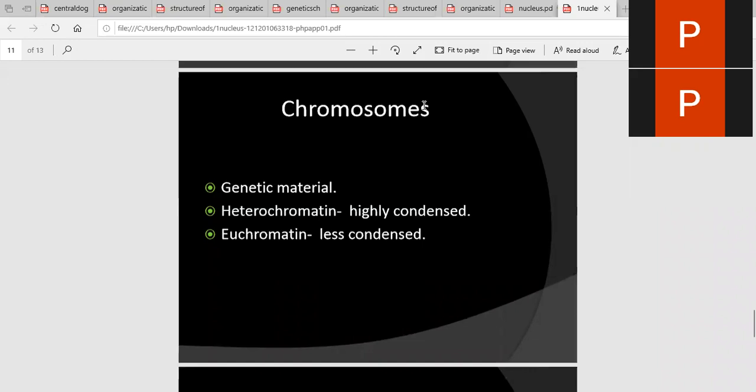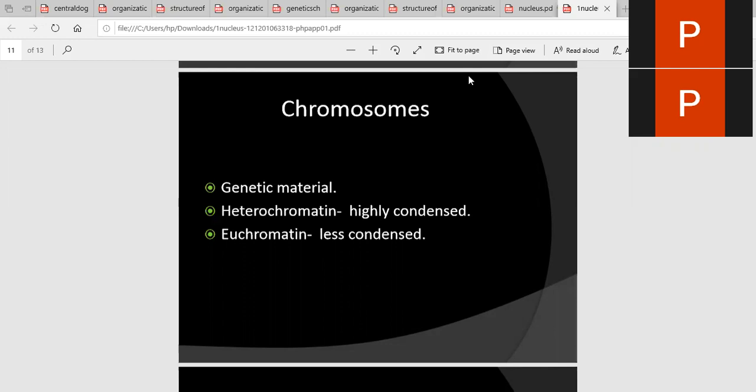Here is the chromosome. In the last lecture we studied the chromosome, what it is and how it is organized. Generally chromosomes are located inside the nucleus. It is genetic material and it contains two types, depending on expression. Heterochromatin is highly condensed and has less activity, so it contains genes which are less active or less expressed.